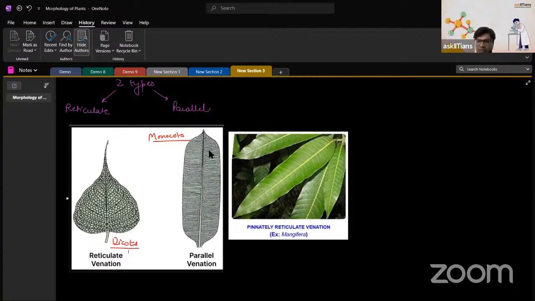Actually, let me show you the picture of the simple and the compound leaves. That will make it much easier. The second guy is trying to find a picture here.